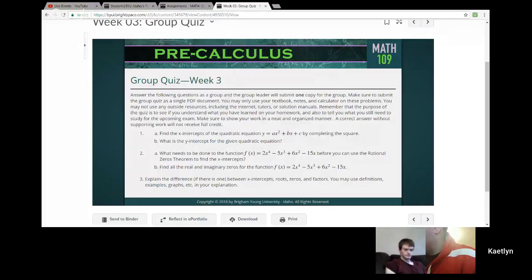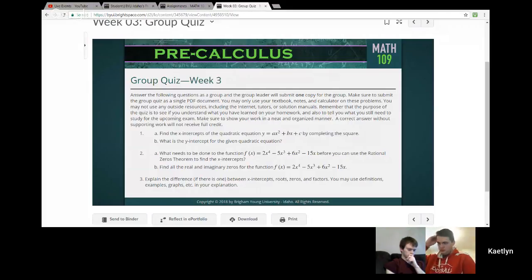So negative k equals a(x minus h) squared. And what you're going to want to do next is divide by a. So negative k over a equals (x minus h) squared. So then you're going to want to take the square root of both sides to get rid of the squared. So it's the square root of negative k over a equals x minus h. So then add the h over.